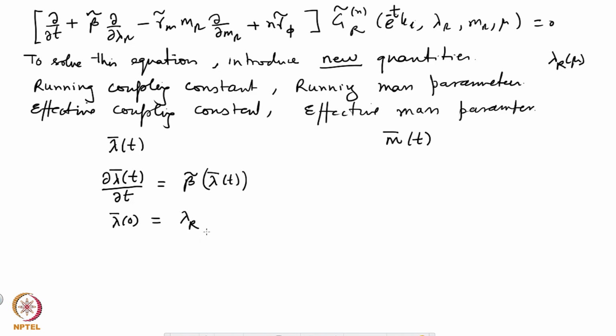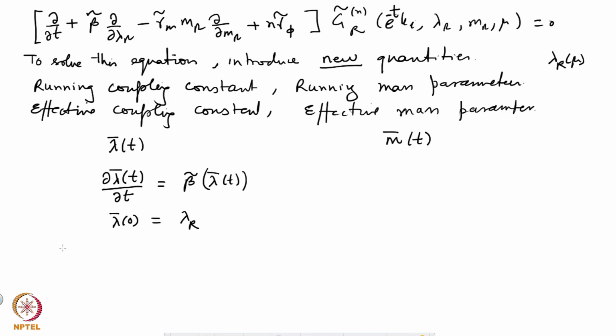We are not varying mu at all. So lambda r at whatever chosen value of mu, which is not going to change in this entire analysis. So what is the boundary condition? That lambda bar at t equal to 0, meaning at zero scaling, should be equal to the renormalized coupling constant. And this is the differential equation that it satisfies.